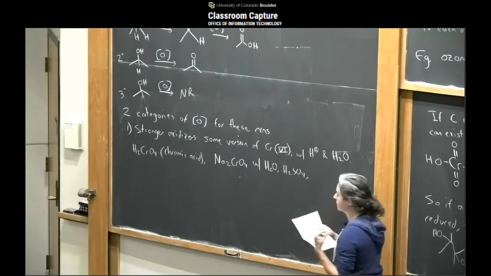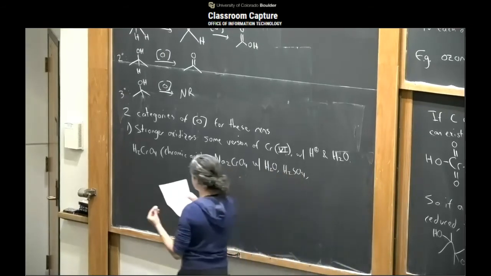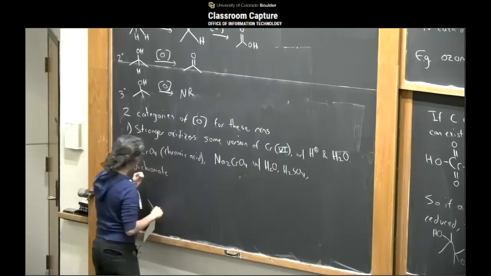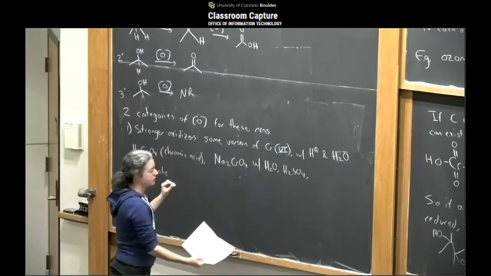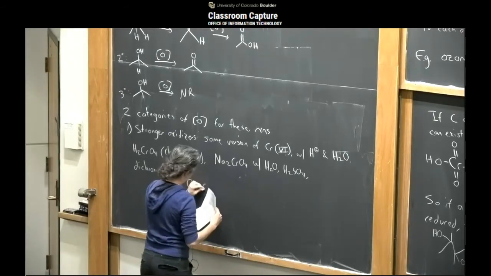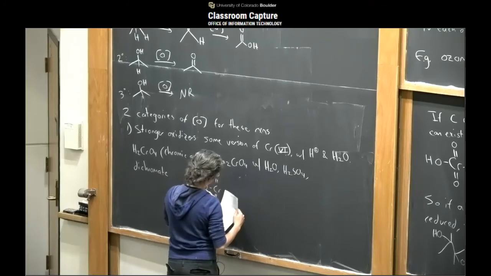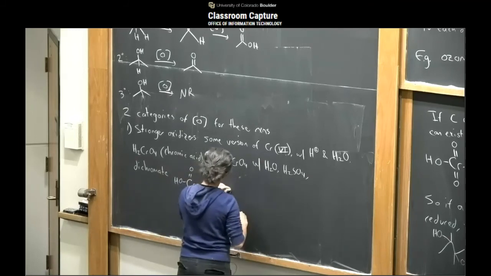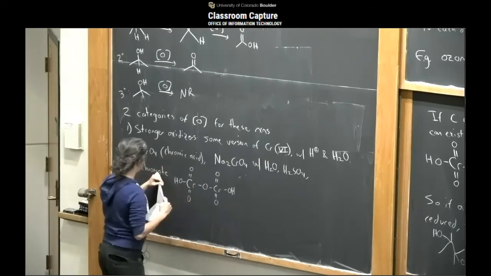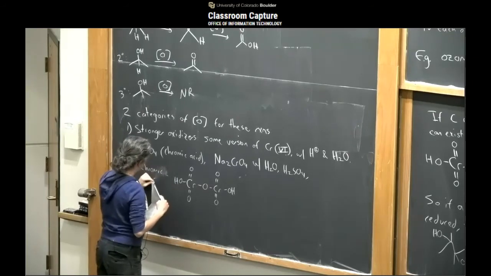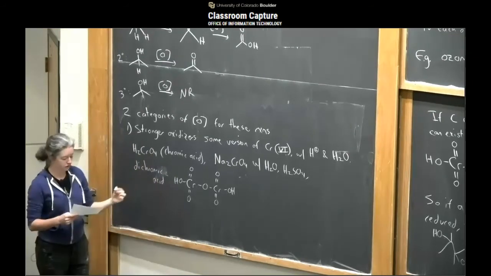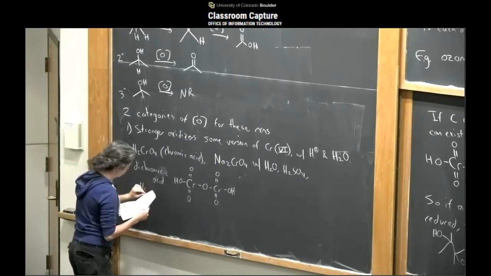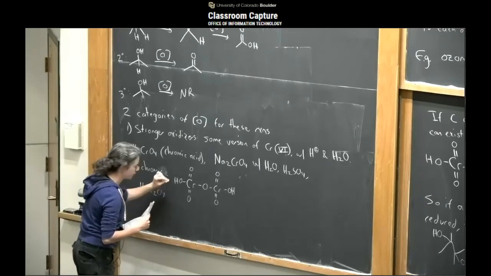Or you could use something with multiple chromium atoms in there, like dichromate, which looks like two of those things stuck together. I guess this one is technically dichromic acid, which is H2Cr2O7. 1, 2, 3, 4, 5, 6, 7.